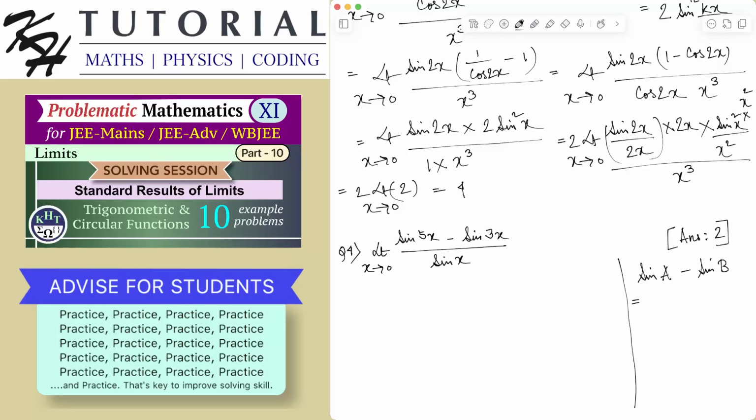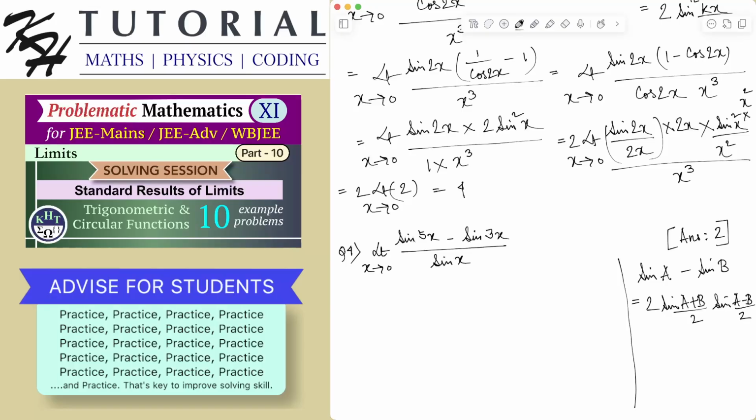We must express this sine a minus sine b as a factor of sine or sine and cos. So sine a minus sine b, the formula is twice sine of (a plus b) by 2 multiplied by sine of (a minus b) by 2. So sine a minus sine b has been factorized as a factor of sine.